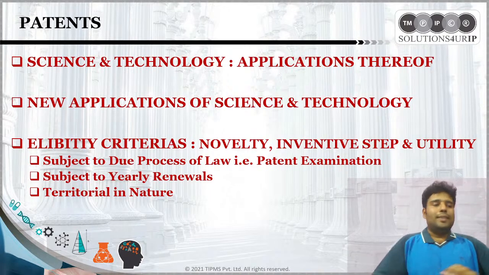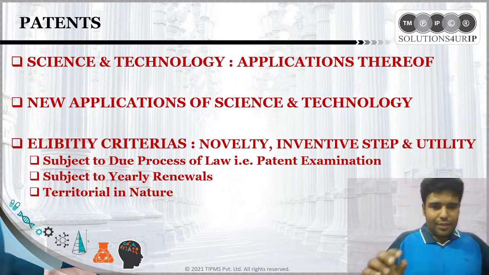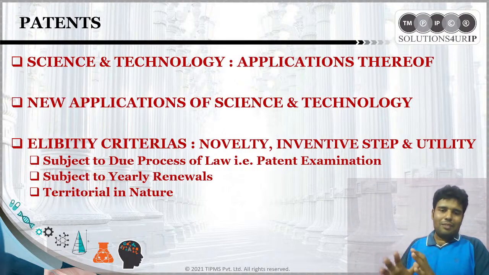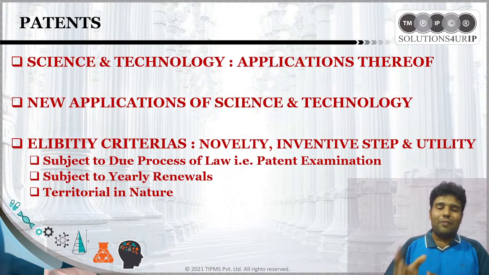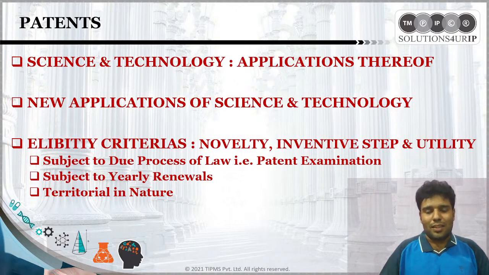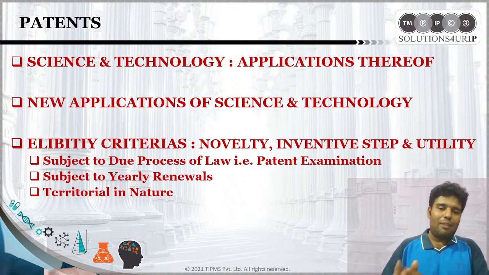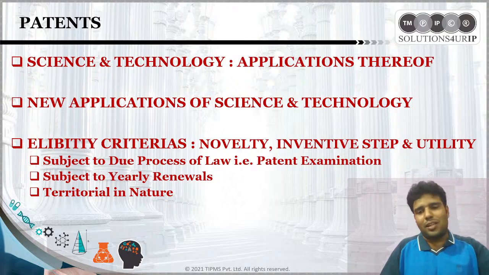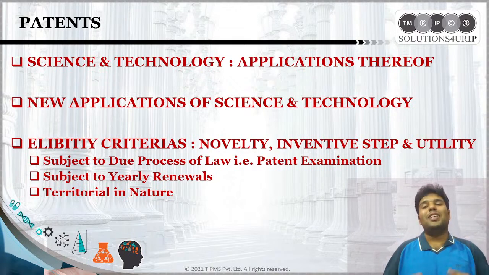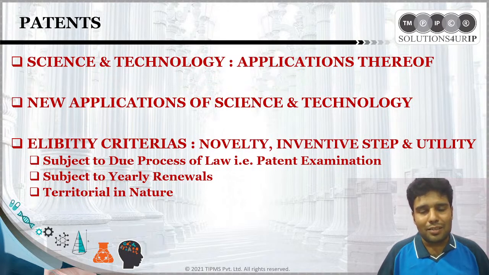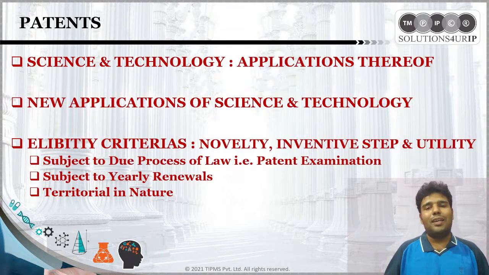Okay, fine. So these eligibility criteria of novelty, inventive step and utility, as you can see in this slide, are provided in this particular Act. Act is, जिसको बोलते हैं कानून. हाँ, कानून बनाया गया हमारे कंट्री के लिए, for our country.